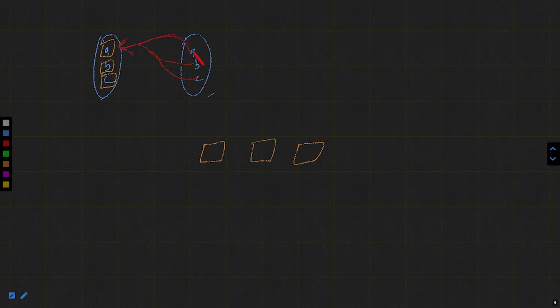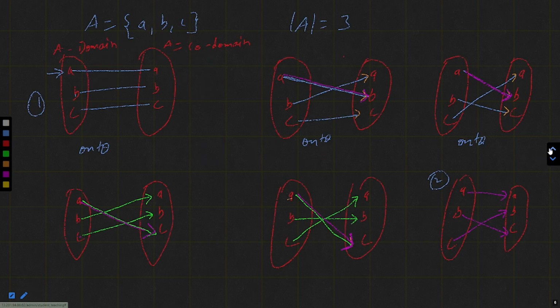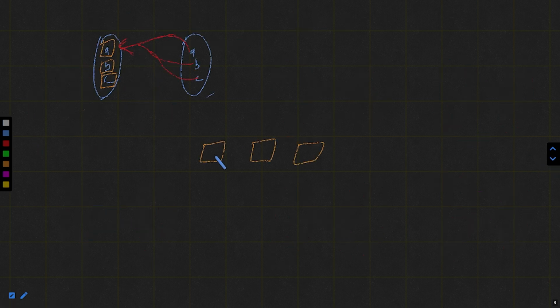I can either relate A with A, or with B, or with C. These are the only possible things I can make. So 3 possibilities are there for the first box.